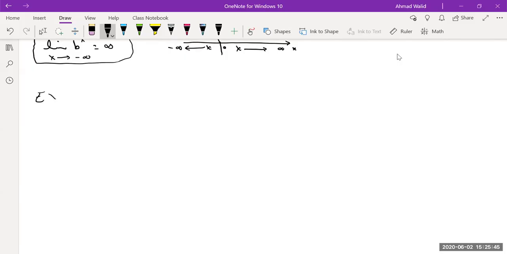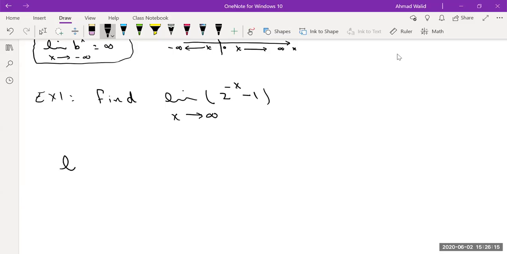Example number 1. Find the limit of 2 to the power of negative x minus 1 as x approaching infinity. 2 to the power of negative x, I can write as a positive exponent.